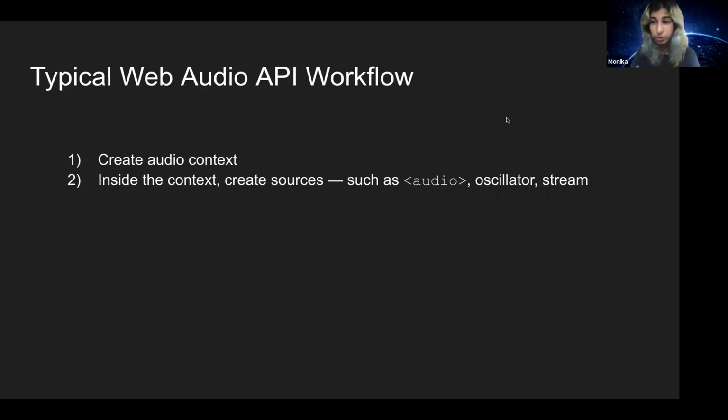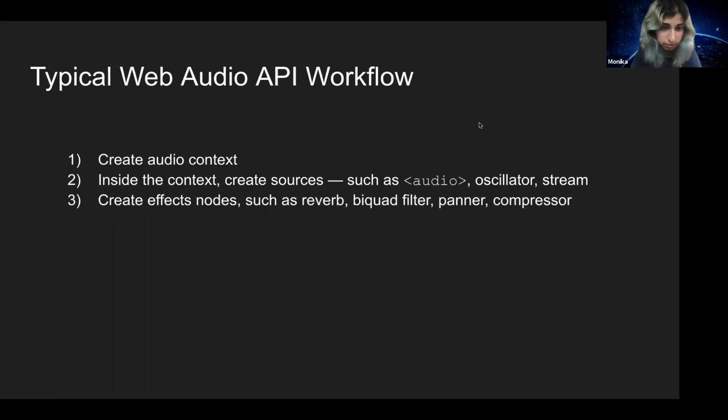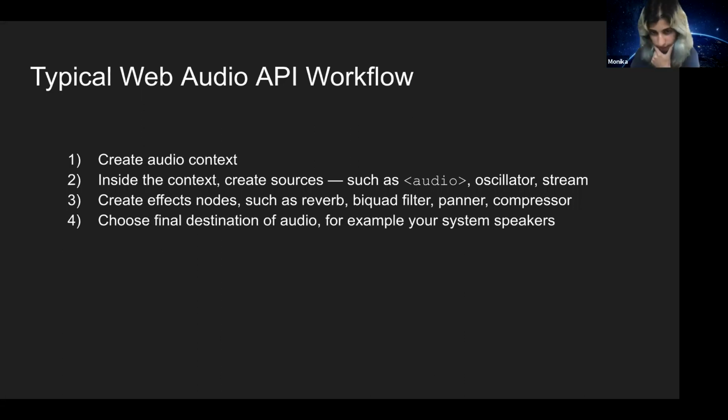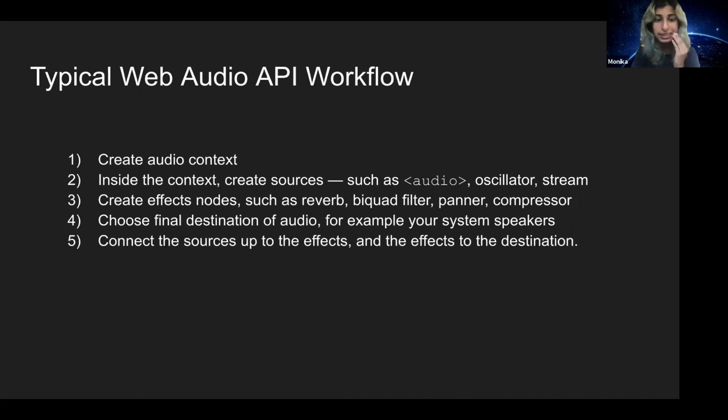This is an audio stream of some kind, and we're going to use our microphone stream. And then this is a typical workflow: creating effects nodes, choosing the final destination of the audio, for example, your system speakers, and then connecting the sources up to the effects and the effects to the destination.